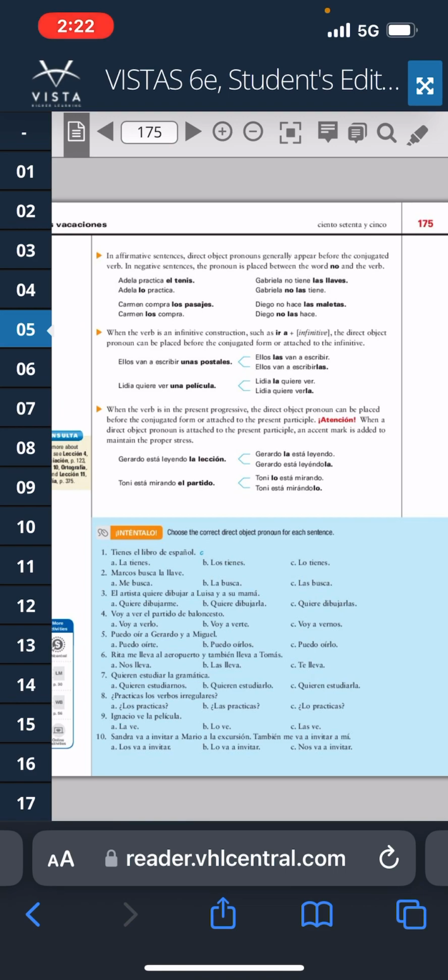When the verb is in the present progressive, the direct object pronoun can be placed before the conjugated form or attached to the present participle. Attention, when a direct object pronoun is attached to the present participle, an accent mark is added to maintain the proper stress. Gerardo está leyendo la lección.